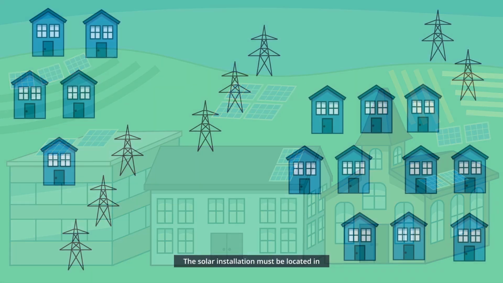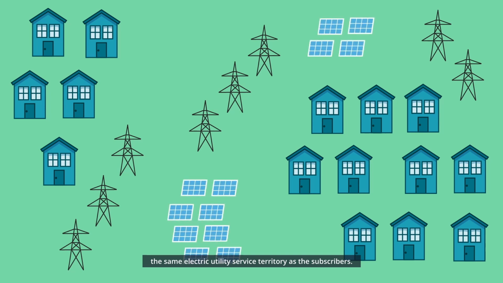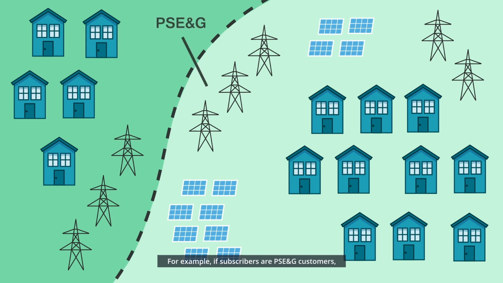The solar installation must be located in the same electric utility service territory as the subscribers. For example, if subscribers are PSE&G customers, the community solar project must be in PSE&G territory.